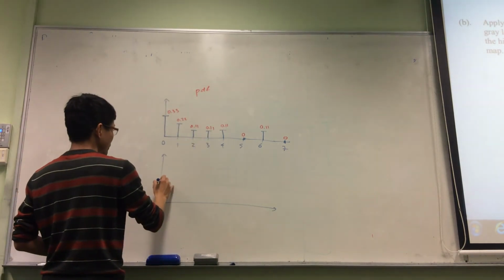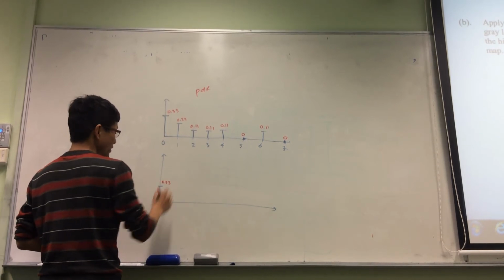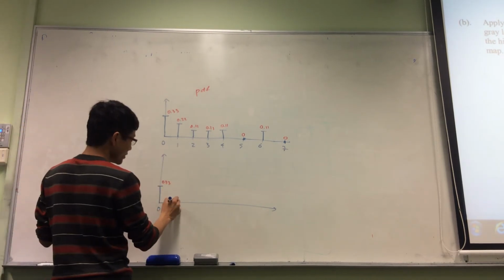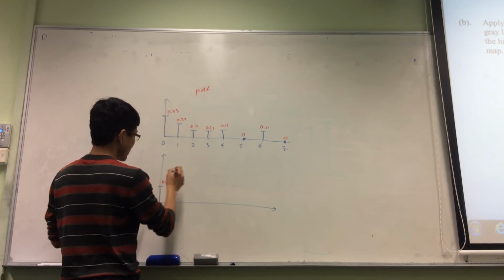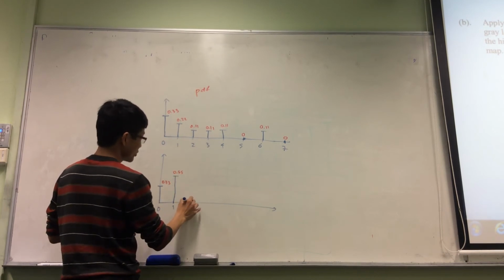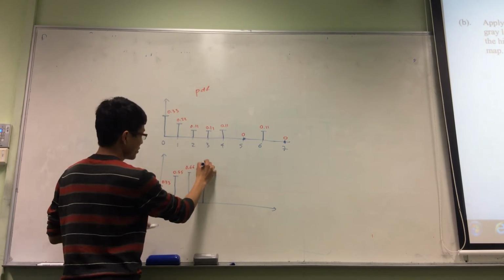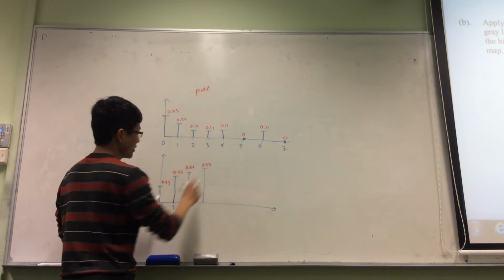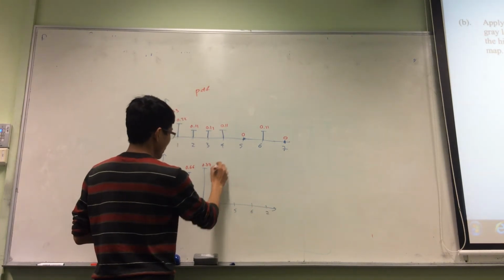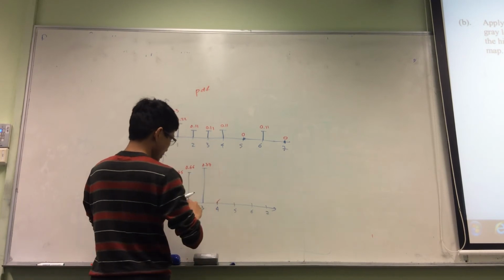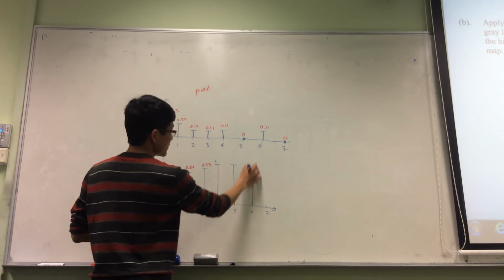So the 0 is 0.33. The 1 will become 0.55. 2 is 0.66. 3 is 0.77. 4 is 0.88. 5 is 0.88. 6 is 0.99.